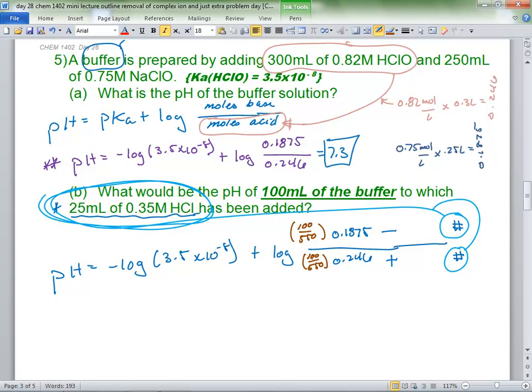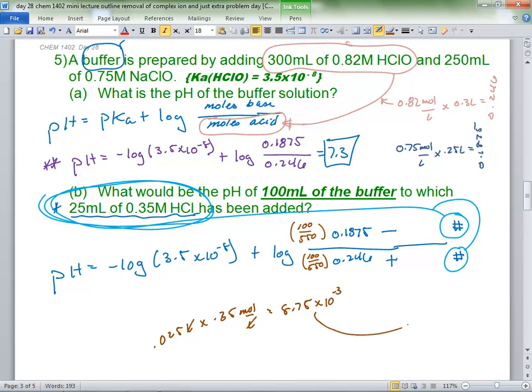Now we're complete. Oh, no, I've got to figure out what that number is. 0.025 liters times 0.35 moles per liter is, what did you say, Monica? 8.75 times 10 to the negative 3.